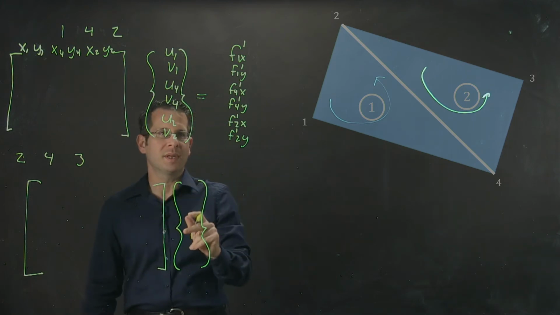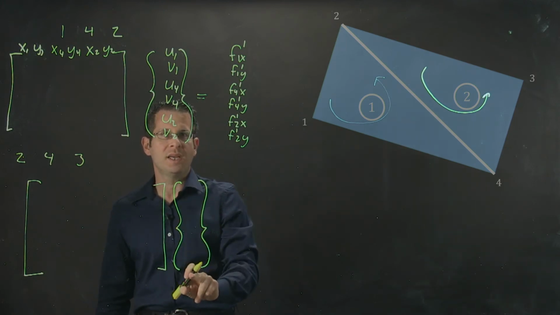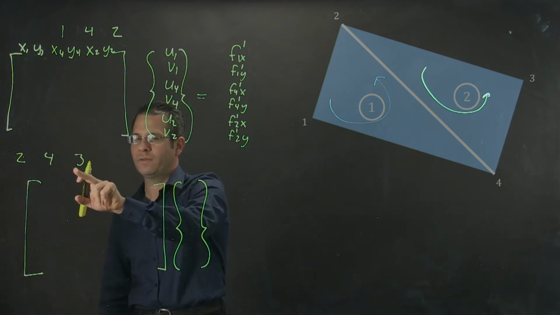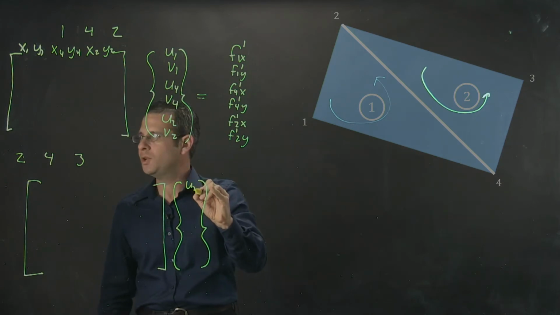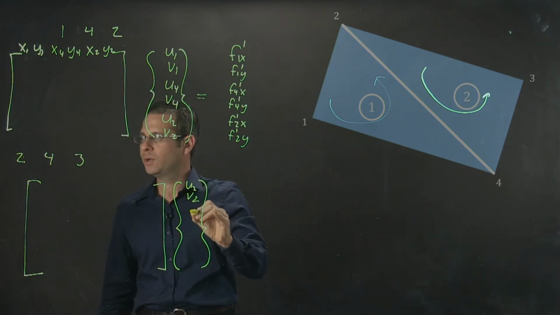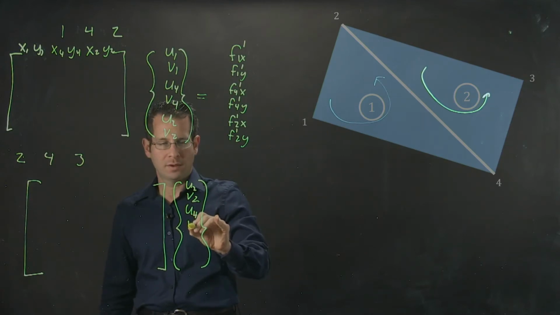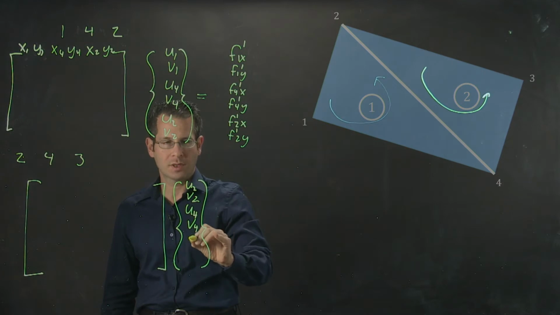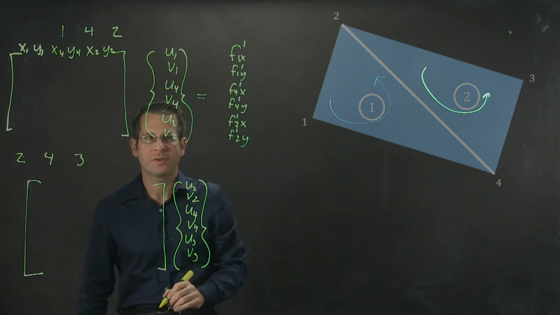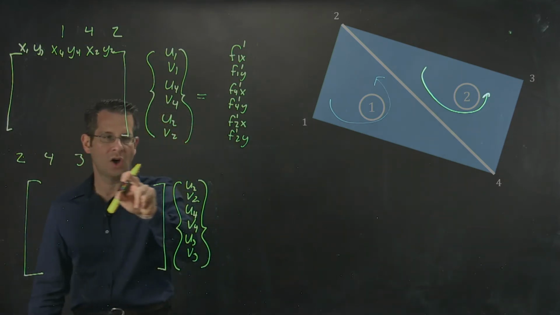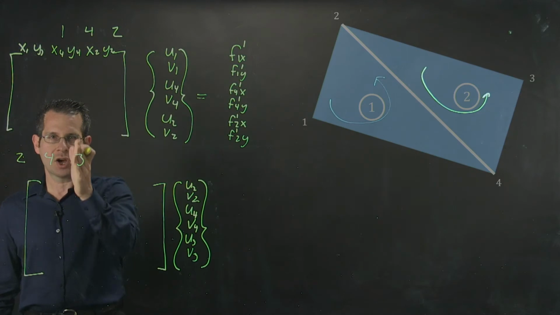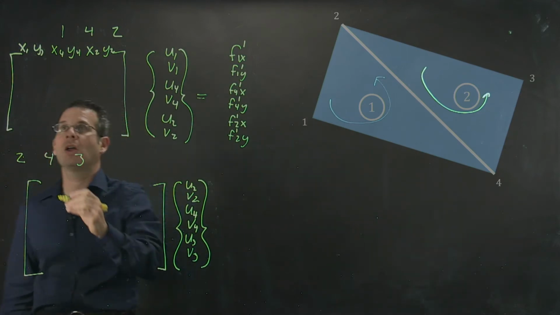My local displacement vector will now be, going 2, 4, 3, u2, v2, u4, v4, u3, v3.